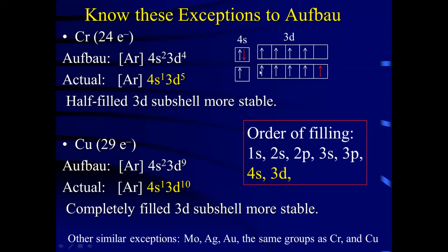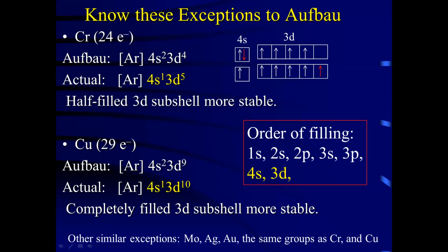Each one is filled by 2 electrons, so you will have 10 for these 5 orbitals. So when the 3D has 10 electrons, each orbital is completely filled by electrons. It's more stable compared with putting 2 electrons here and 9 electrons there, where one orbital is half filled. It's not completely filled.